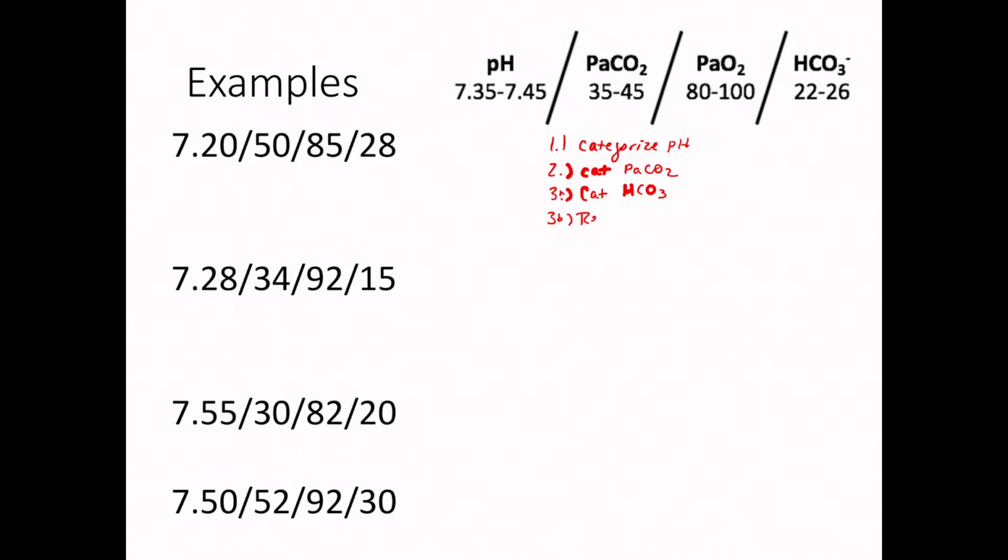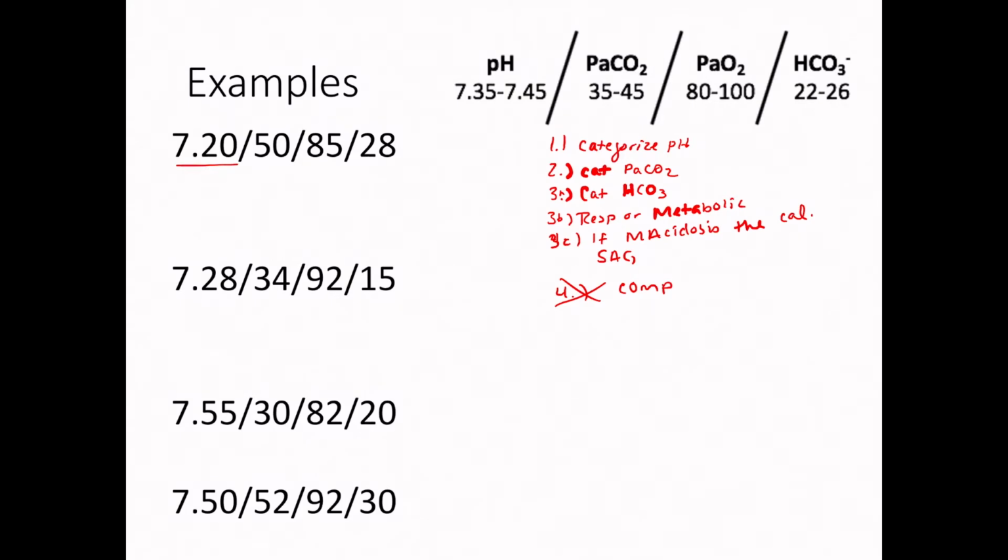Determine if it's respiratory or metabolic. If a metabolic acidosis, then calculate serum anion gap, and then 4, compensation. For our sake, today we're not going to really calculate the compensatory response. So let's do this. First, categorize the pH.